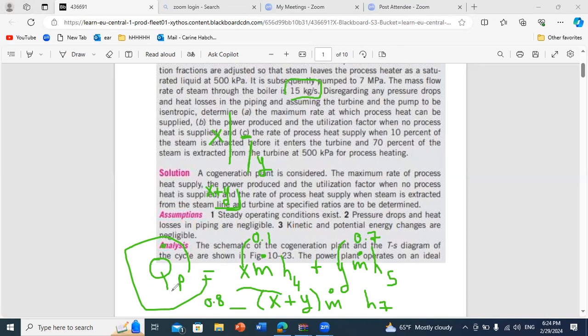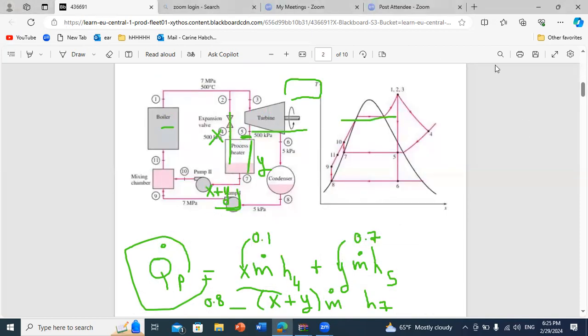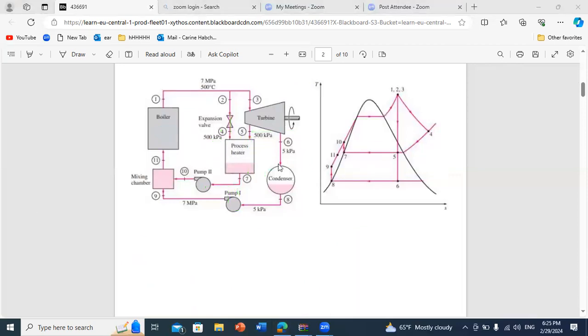Now, they also asked to determine several things: the maximum process heat that can be supplied, and also the power that can be produced if no process heat is supplied. What is the difference between all of these cases? The main difference is the fractions X and Y that we extract. Let us discuss the graph together.